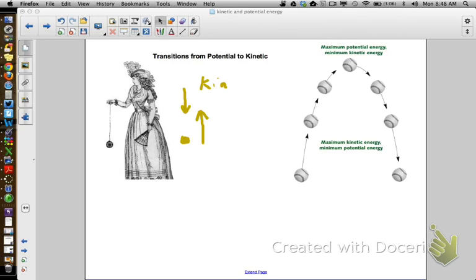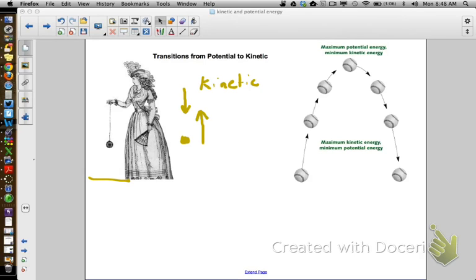As it's dropping, it's increasing in kinetic, but due to its position, it's slightly decreasing in potential, but it still has potential energy because it is still off of the ground. Until it reaches the very bottom, it is going to continue to have potential energy even though it is going down. So it's basically a transition.